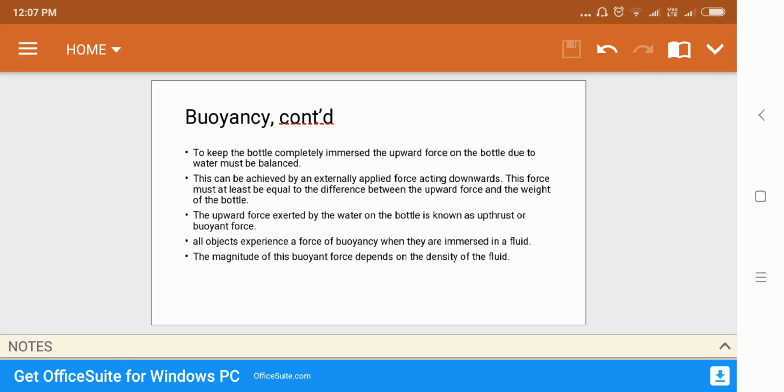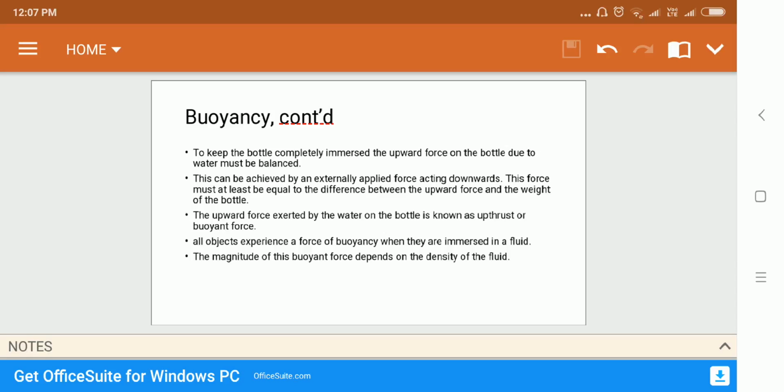If the force we provide in the downward direction is higher than this difference, then only can the bottle be placed under the water.